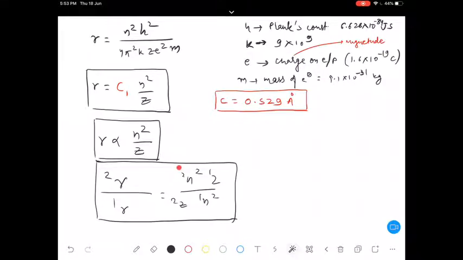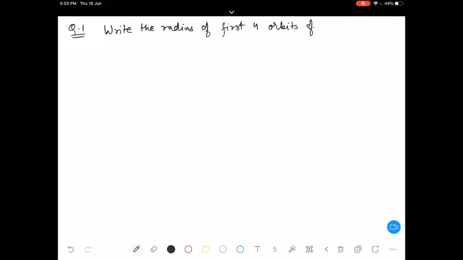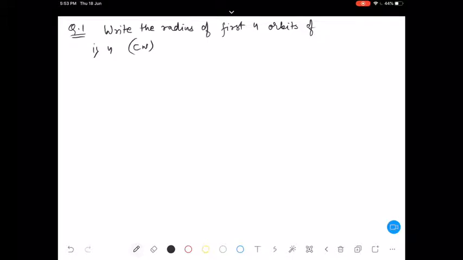Okay, let's start solving one problem, 1 or 2 problems I'll take, and then we will move on. Question number 1: write the radius of first 4 orbits of hydrogen, that will be your classwork.